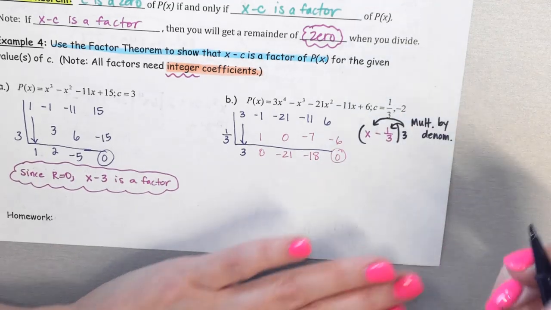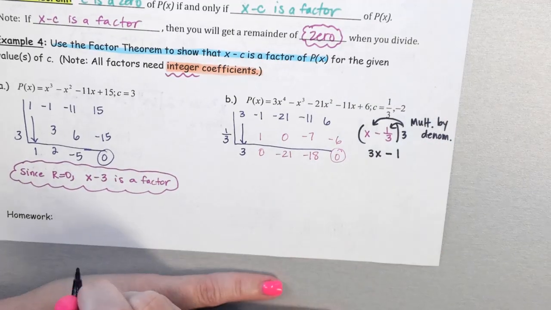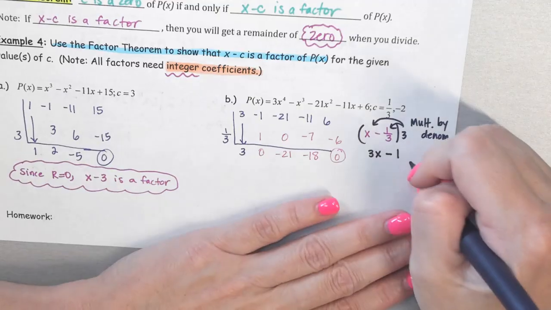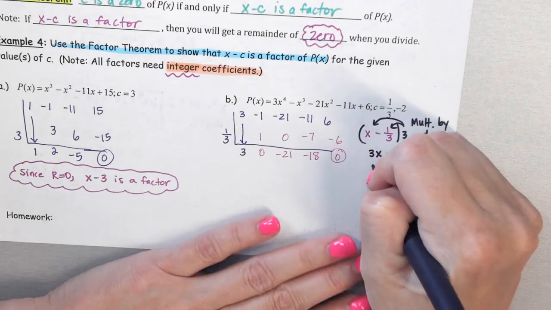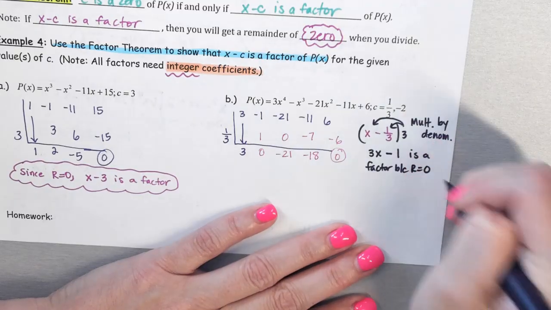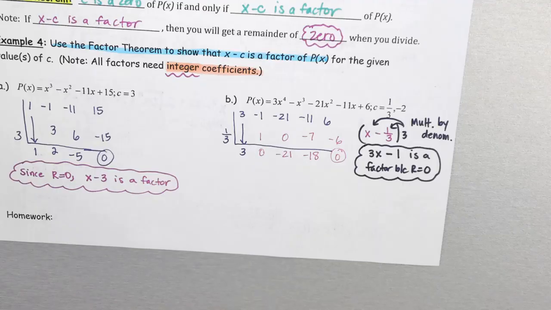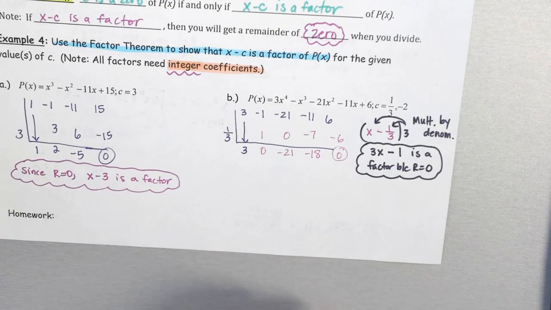Times 3 times 3. So it's 3x minus 1. Okay, and you would say that is a factor because the remainder is 0. So if you do have a fraction, you just multiply by the denominator, and that will give you integer coefficients here.